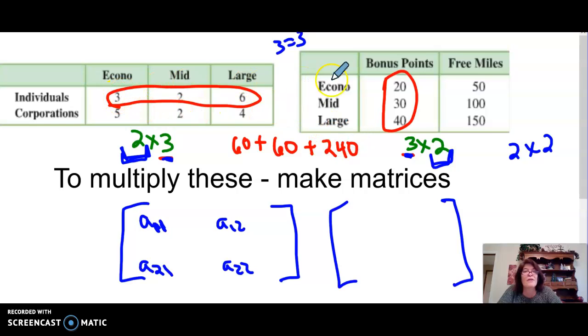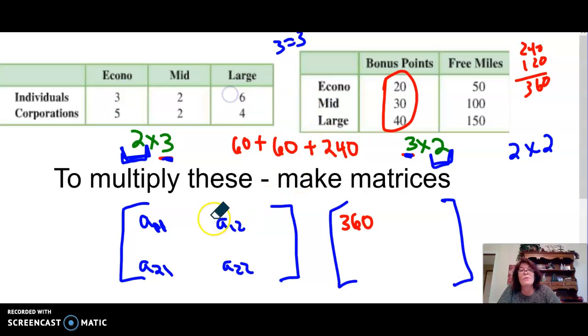Okay, you see it? 3 times 20 plus 2 times 30 plus 6 times 40. And then we add that all together. What's that, 360? Okay, that's my first row, first column element. 360. Done.